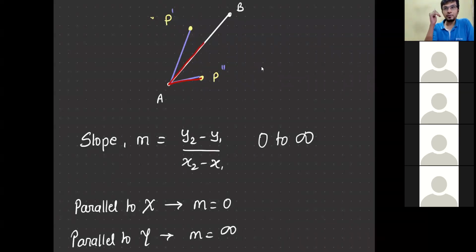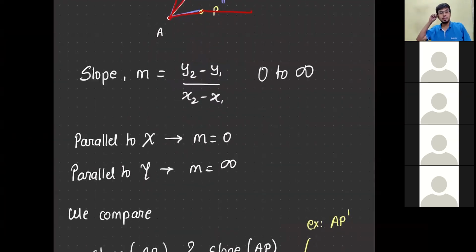If the slope of AP double dash is less than the slope of AB, then my line would not intersect. But if the slope of AP dash is more than the slope of AB, then my ray would intersect.